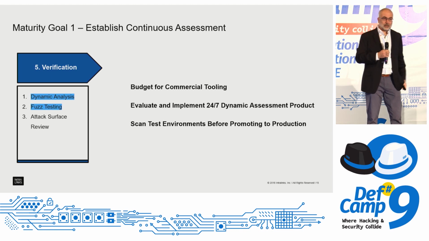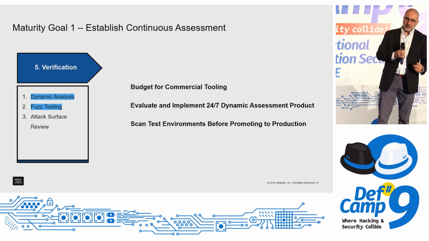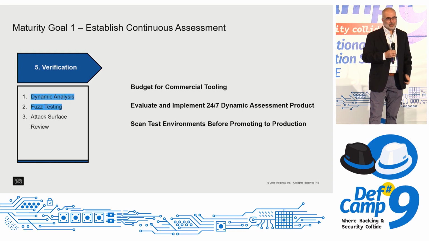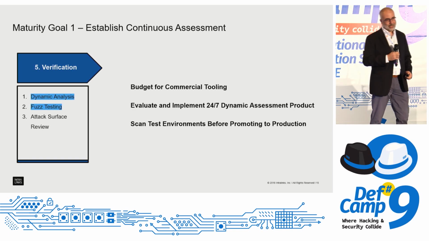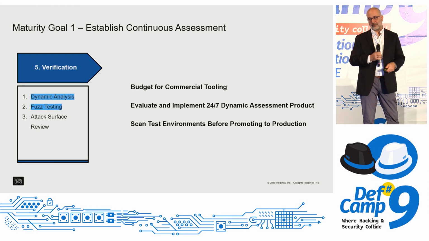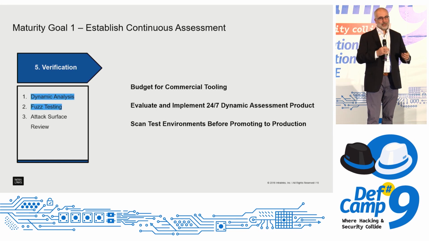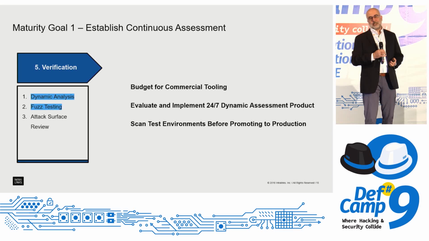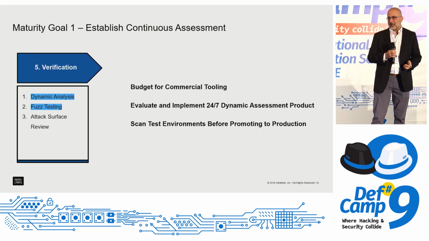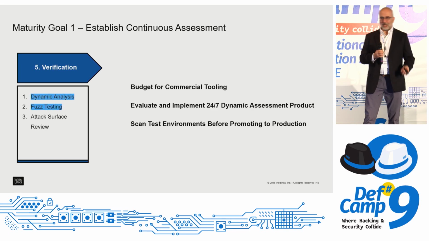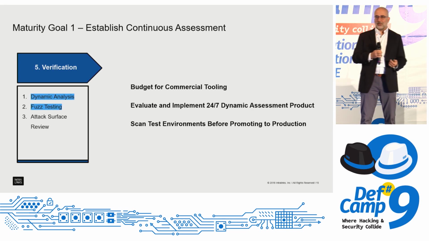And then it's, again, a stretch goal. All the good goals need to be a little bit stretch. Try to implement the same thing before promoting to production, so you dynamically test your QA environment. And if any of you have done third-party assessments, you know that it is a 4 to 6 week, a few dozen $1,000 engagement.